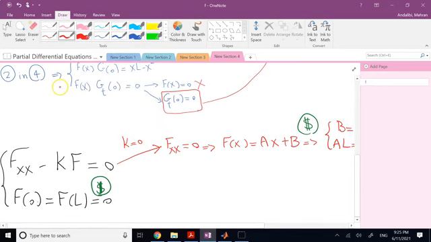So case one, let's say K is positive. What does that mean? Well, if it's positive, when you take it to the other side, it is going to be f of xx is equal to k times f, correct? Because when you take it to the other side, it stays positive.